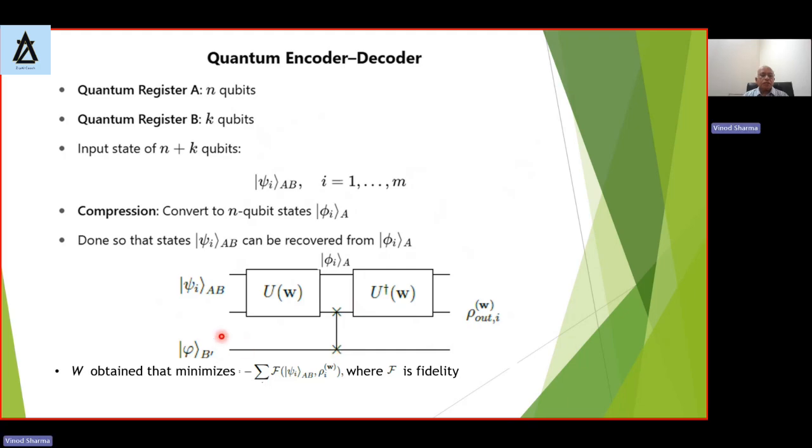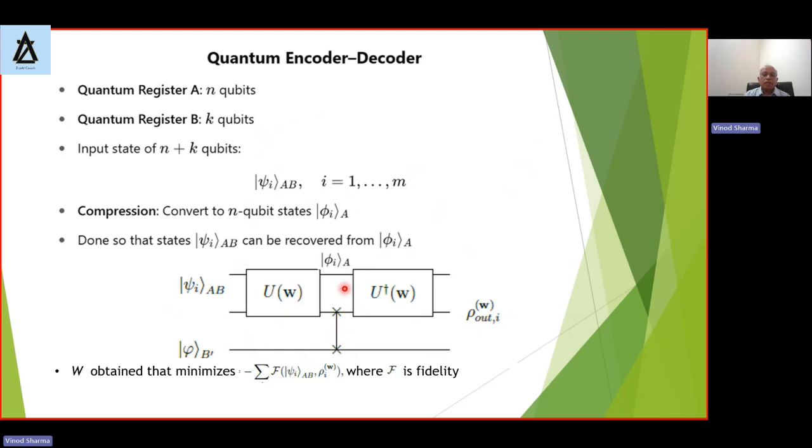And there is another input here. So this is the input that you want to compress. You put another input of size k. This could be just all zero vectors, or some very specific thing. But for us, maybe we can just take all zero vectors of k qubits. Here we have the swap gate, which means that whatever the state here is comes here, and whatever here was all zero comes here.